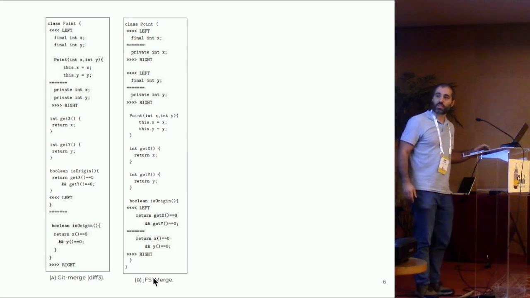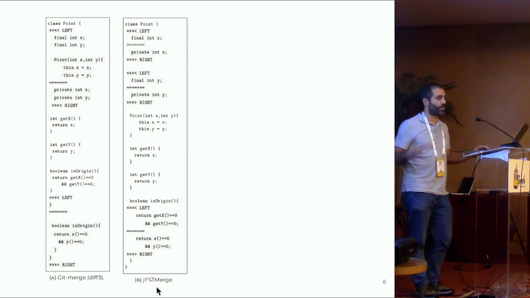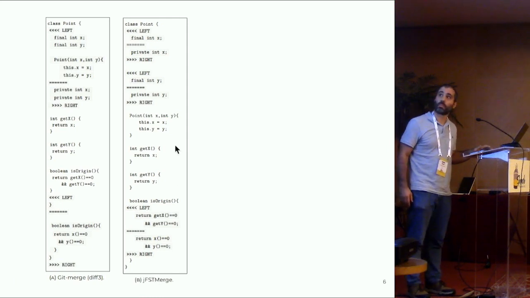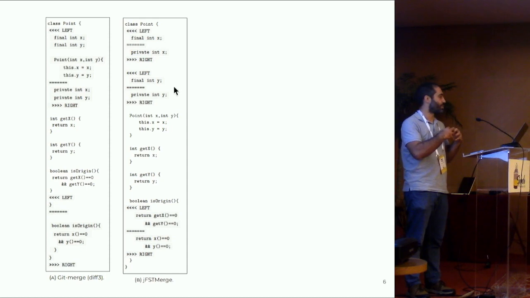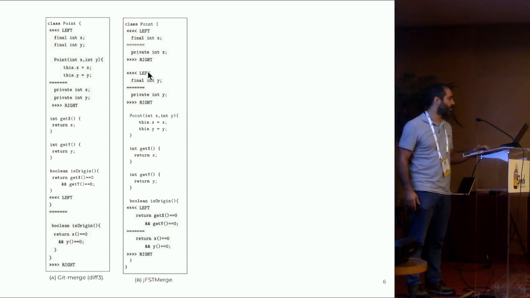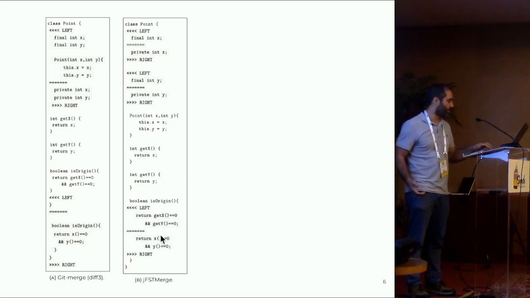But then if we start applying research approaches, like for example JFSTMerge, which was published here at SPLASH, they do structured merging, so they are aware of the language structure, but still at some points they cannot do a good merge. For example, here in the modifiers we have a clash, identified as a conflict, and also here in the method body we have a clash.